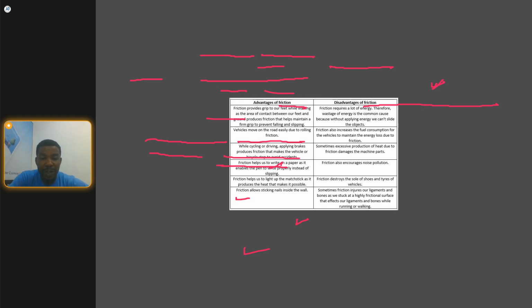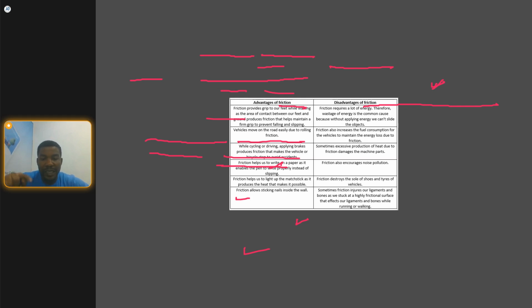And that is why you will see most of the time people that are driving, especially the bike men, when they are on a sloping land, they tend to turn off the engine of the bike just to slope, just to have a kind of free movement. Because the more they make use of the accelerator, they are consuming fuel.